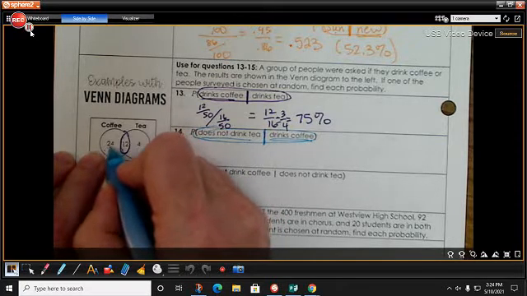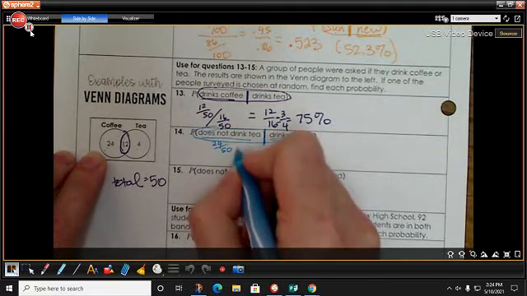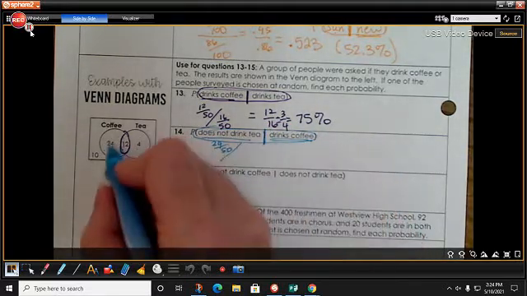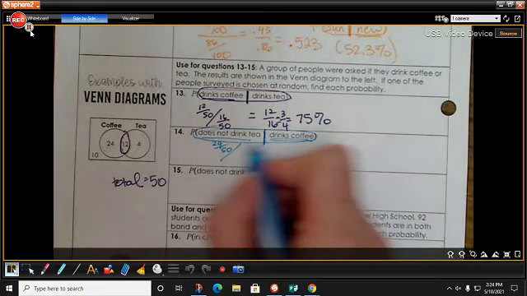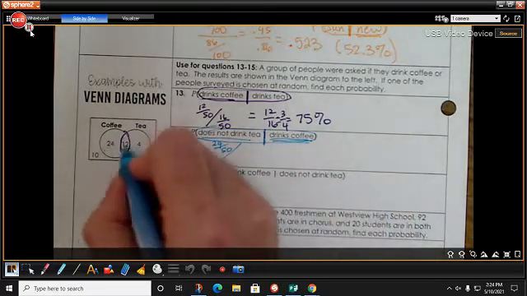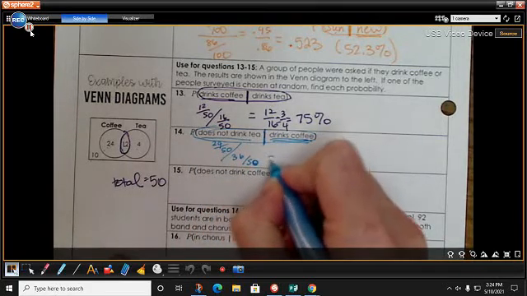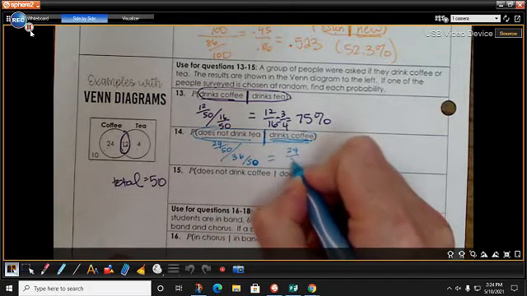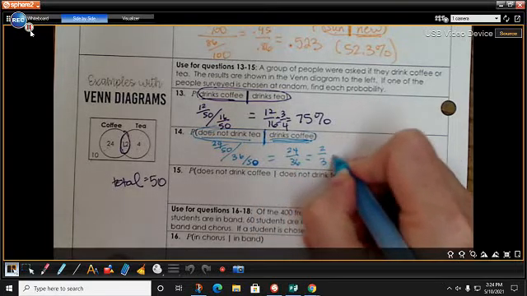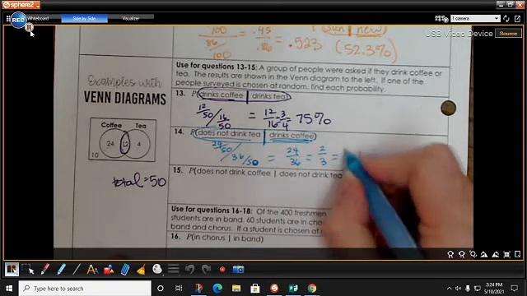So all I have left is 24 out of the 50 people who do drink coffee but don't drink tea. And then I'm going to say, okay, well, how many drink coffee altogether? Well, that's 36 out of the 50. And so this will simplify to 24 out of 36, which simplifies to 2 out of 3, which is 66.6 on forever %.